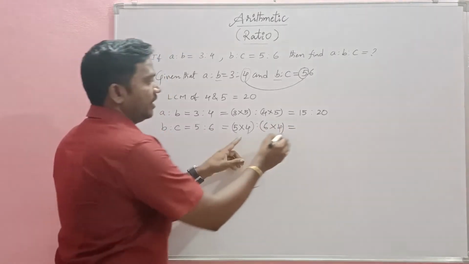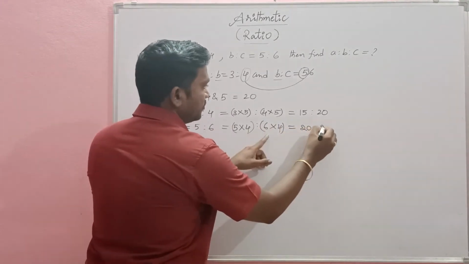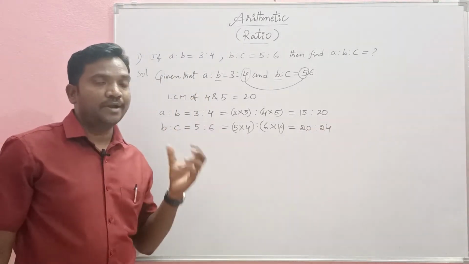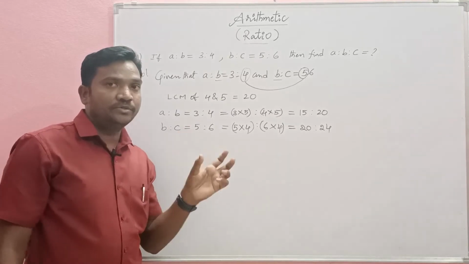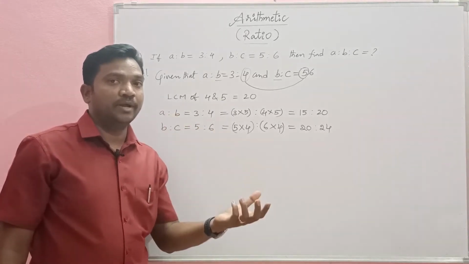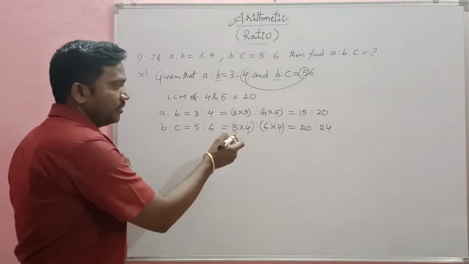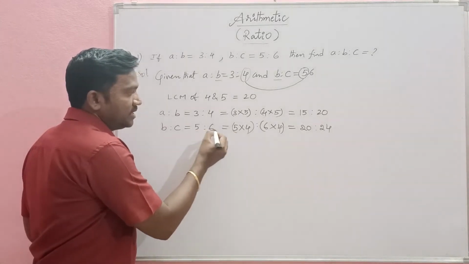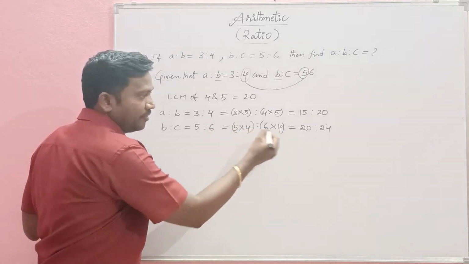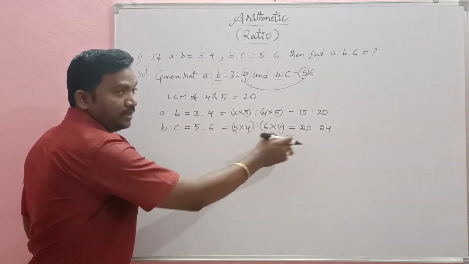Now 5 4s are 20, 6 4s are 24. We have already told you a ratio does not alter if its antecedent and consequent are multiplied by the same non-zero number. So here 5 and 6, antecedent and consequent, are multiplied by the same number 4. So the ratio does not alter.